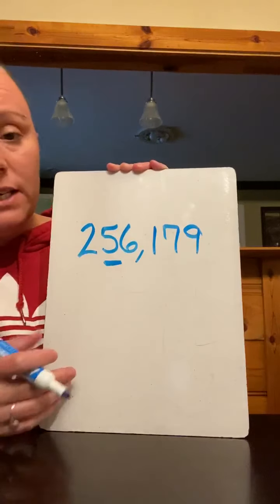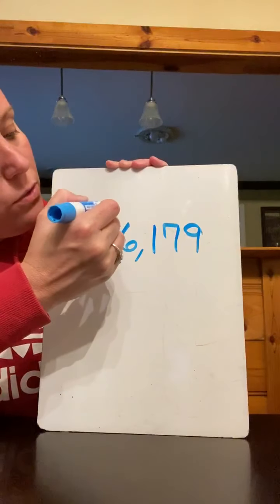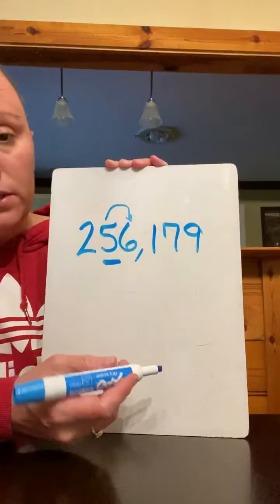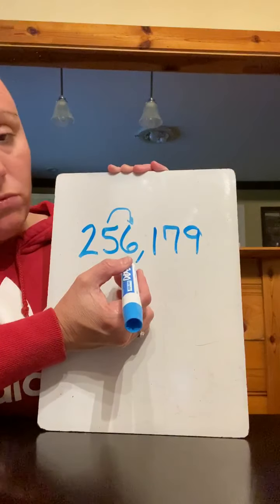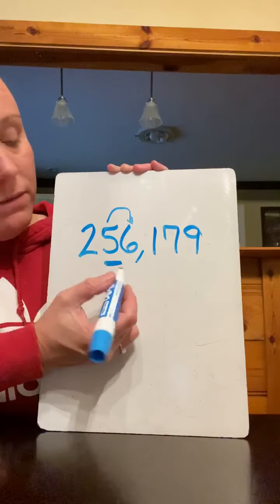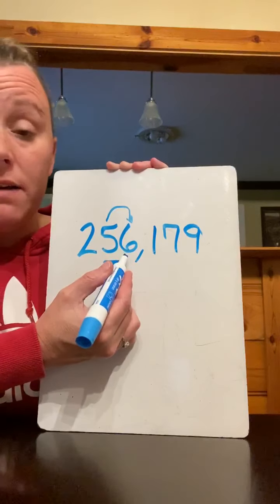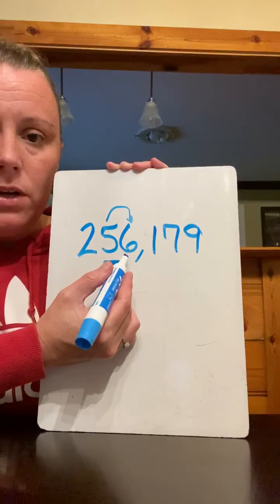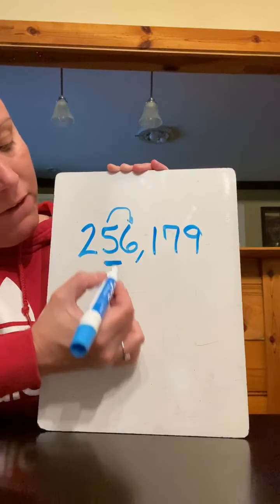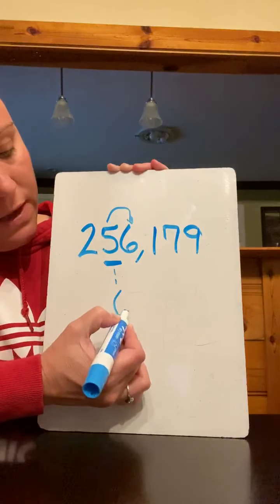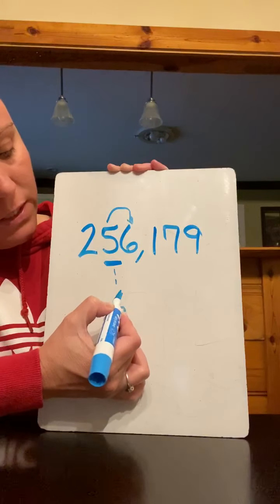So I'm going to underline the 10,000s, and then I'm going to look next door. If it's 5 or greater, we add one more to the 5. So is this 6? Is it a 5 or is it greater than 5? Well, yes, the 6 is greater than 5. So I'm going to draw me a line. And that 5, I add one more to that 5, and now it becomes a 6.